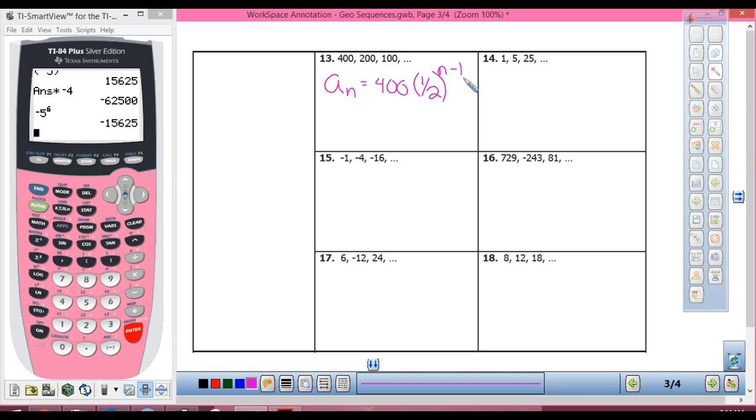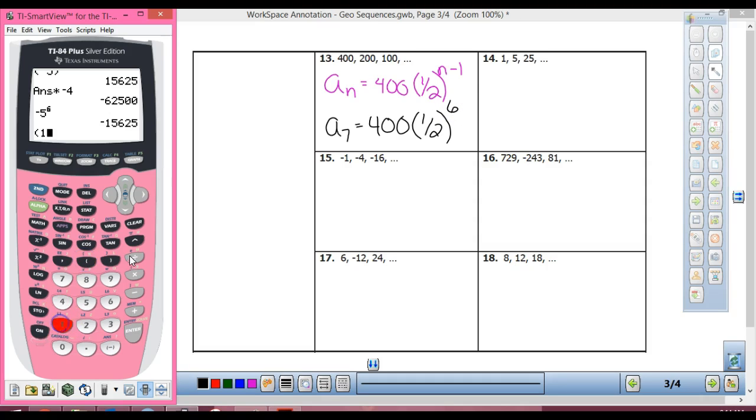So on your assignment, this formula needs to be written. And then I think in your assignment it asks for a sub 9. But we're doing a sub 7. So a sub 7 equals 400 times 1/2 to the 6th power, because we got to subtract 1.